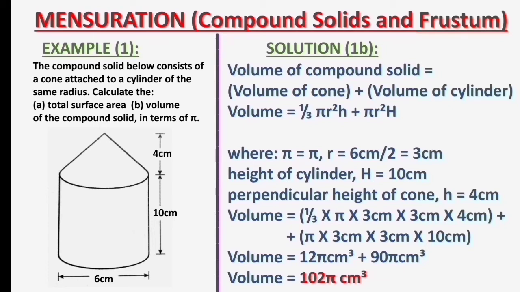So solving by substituting the required values into the formula, the volume of the compound solid becomes 102 pi centimeter cube. This is gotten from the addition of the volumes of the separate component solids that come together to make the compound solid in question 1.